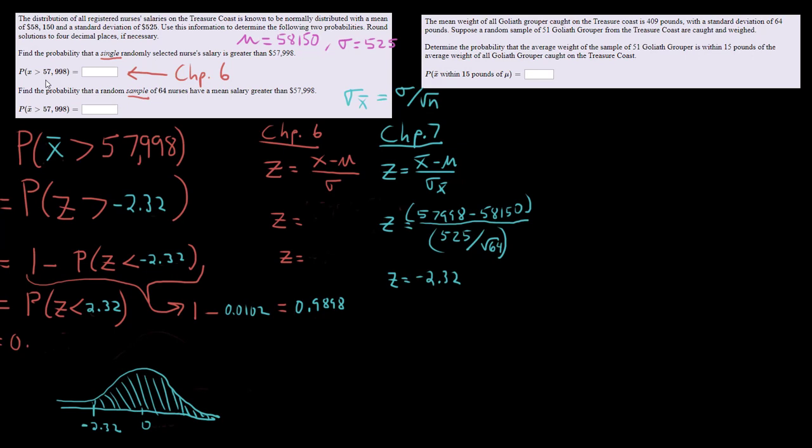Because the curve is symmetric, if you look at positive 2.32 but instead look to the left, then the pink shaded region and the blue shaded region will be precisely the same shape, and they'll have the exact same area.